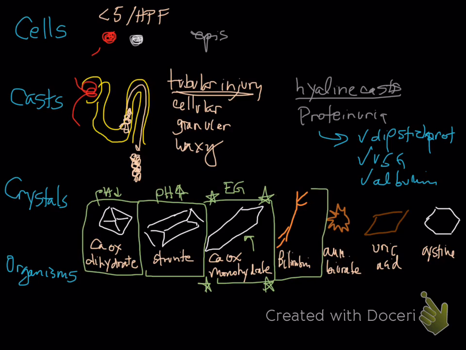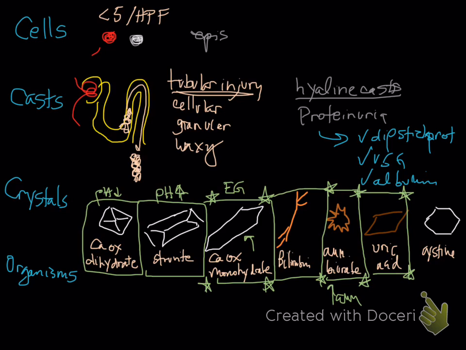Bilirubin crystals just means that you have bilirubinuria, not that exciting. Another deal breaker crystal is ammonium biurate crystals, and we'll talk about ammonium biurate when we talk about the liver, and that just means that you have increased ammonia, could be from a portosystemic shunt or something else, so we'll talk about that later. Uric acid crystals, another deal breaker. We see this in Dalmatians, in bull terriers, and a few other breeds.